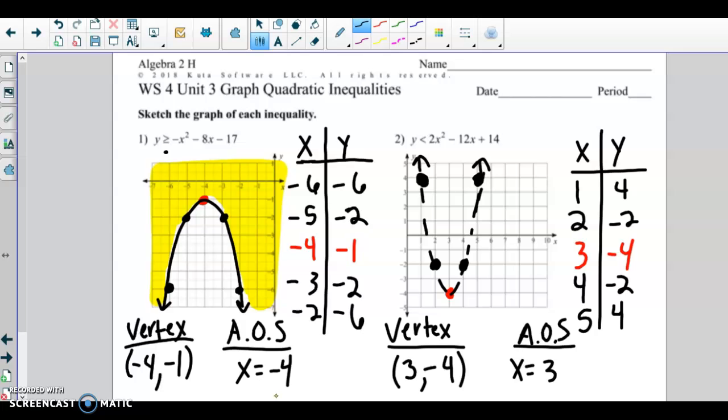So below on this one ends up being down here. So there's my solution for this quadratic inequality.